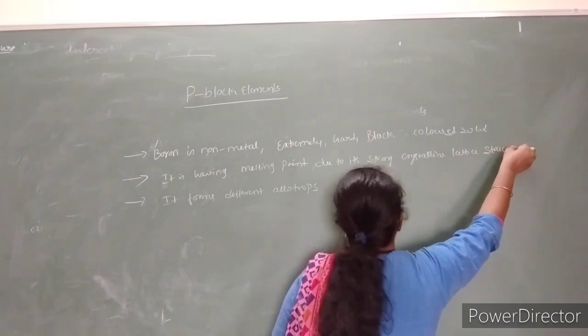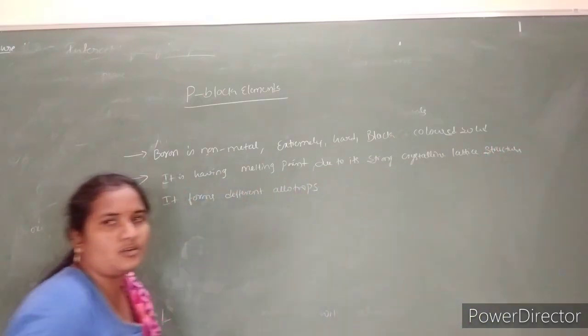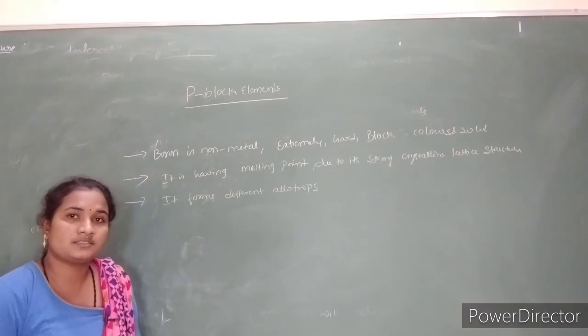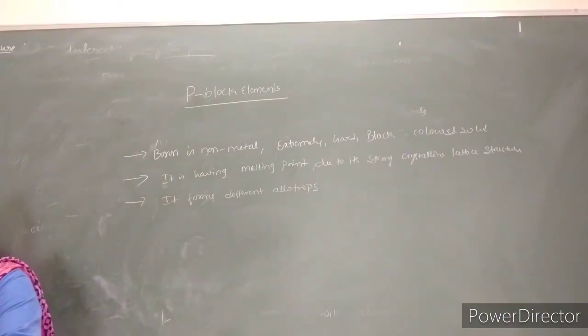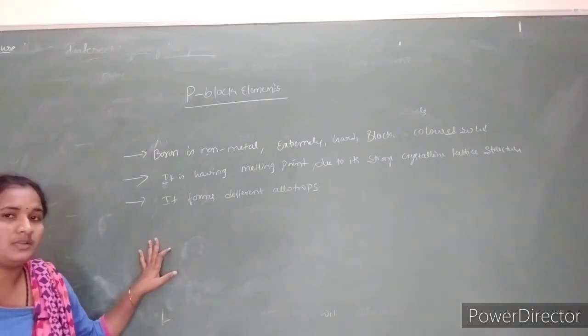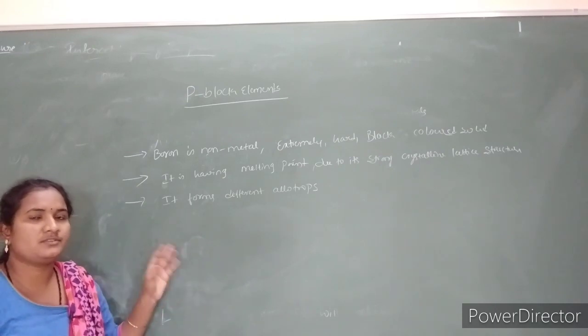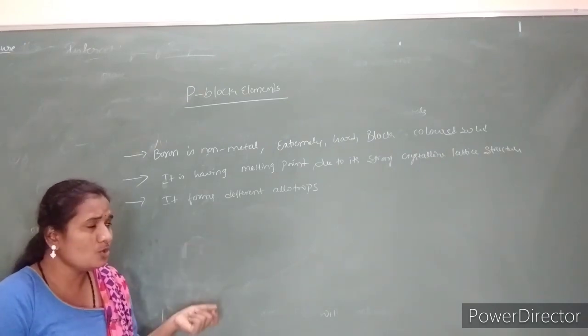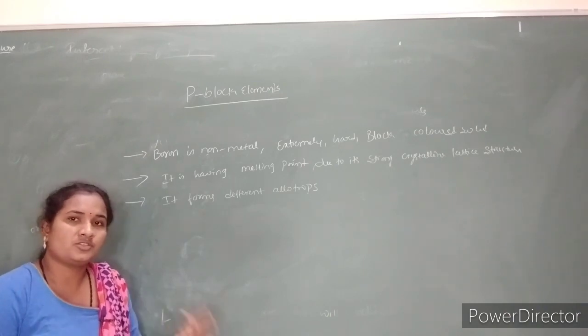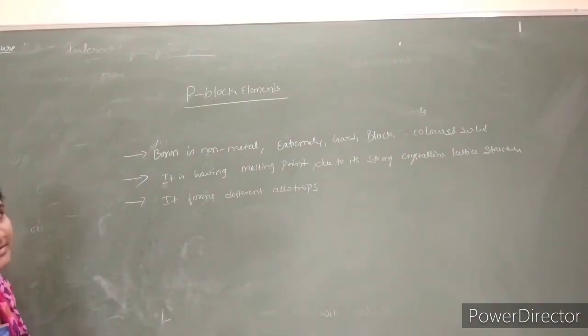So boron is a hard, black color solid having a lattice structure, so that is why it is exhibiting the high melting point. It is found in different allotropes, but other group elements are softer compared to boron, and they show low melting points as well as increased conductivity.